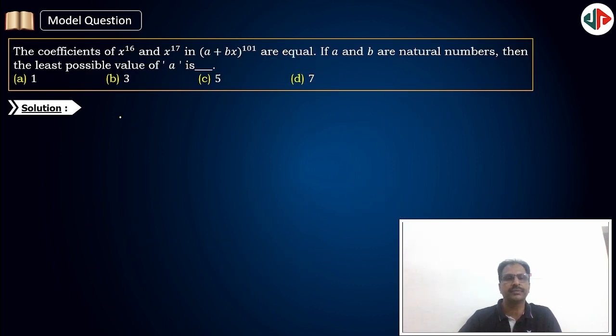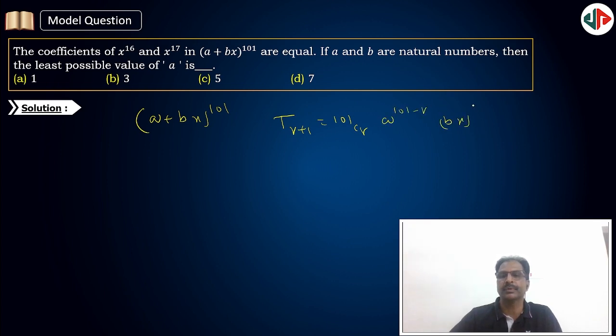The coefficients of x power 16 and x power 17 in the expansion of (a plus bx) whole power 101 are equal. For that, first write the general term T r plus 1. This is 101 C r a power 101 minus r b power r x power r.